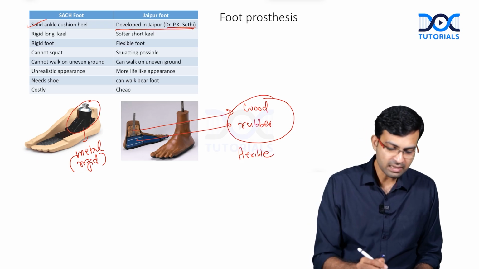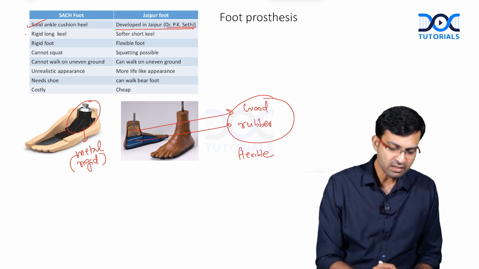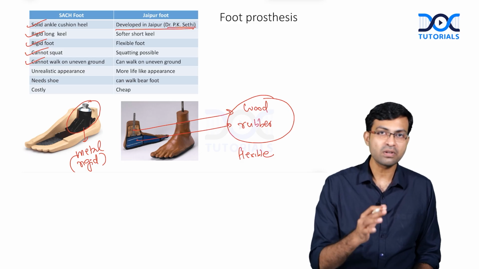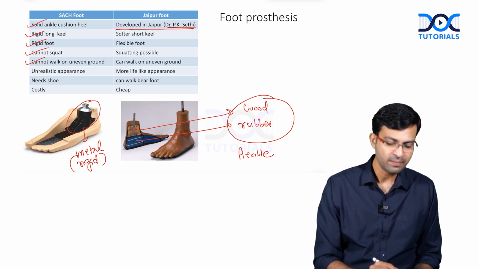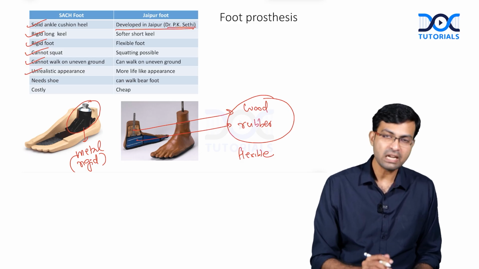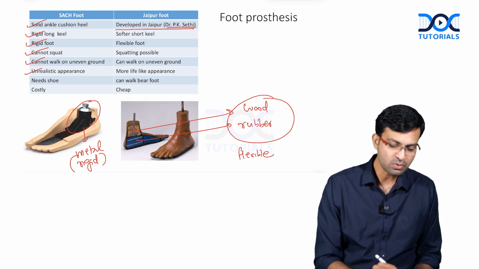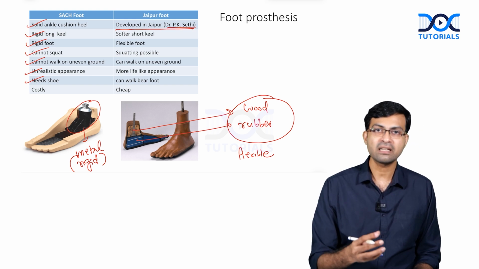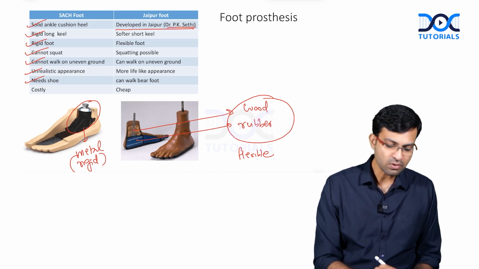So what are the practical differences? The SACH foot has a rigid long keel, so it is a rigid foot. A patient cannot squat with this. The patient cannot walk on uneven surfaces because the foot will not be flexible. It has a very unrealistic wooden-like appearance. So the patient has to wear a shoe. If the patient is not wearing the shoe, it can become wet and can get destroyed. And it is also costly.